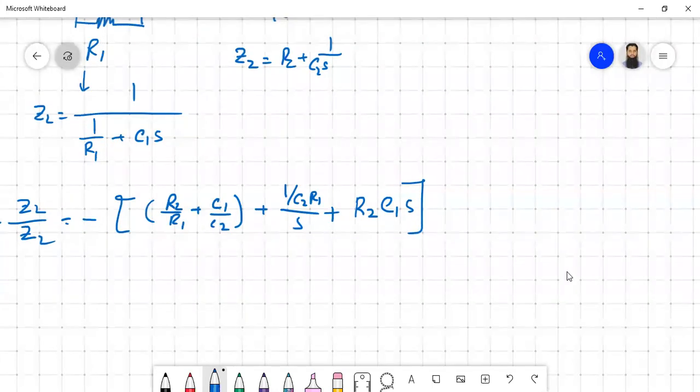One is proportional, then you have your integral, then you have derivative.